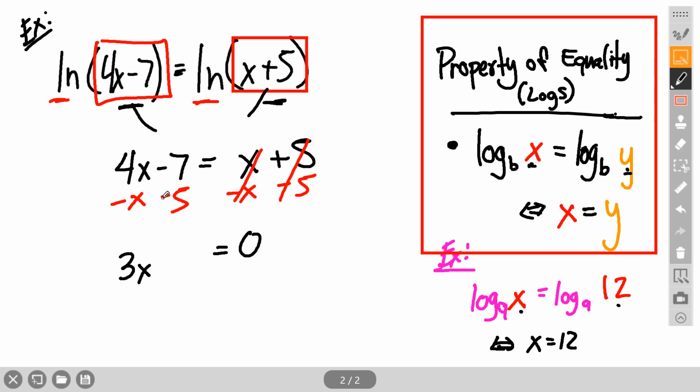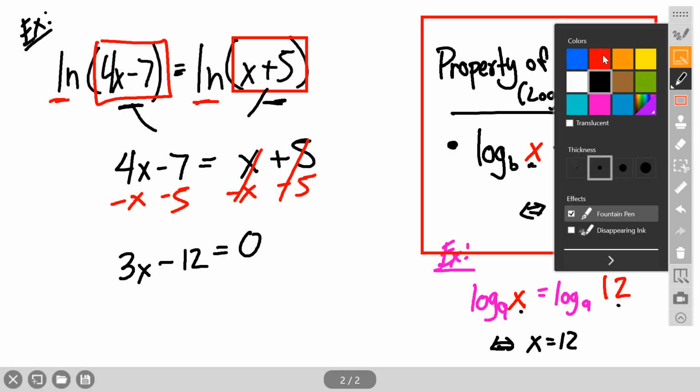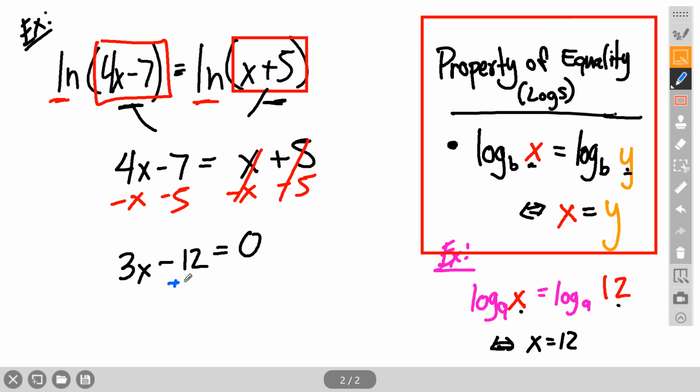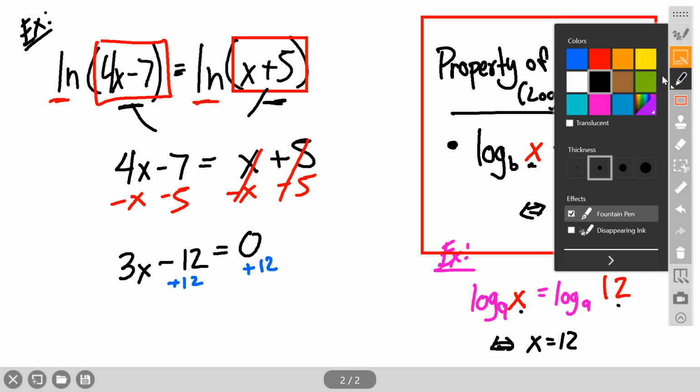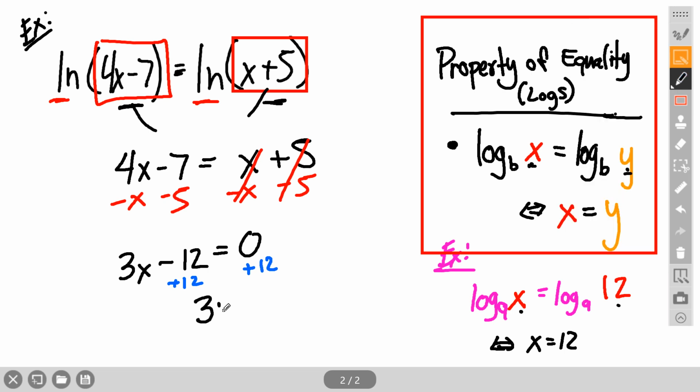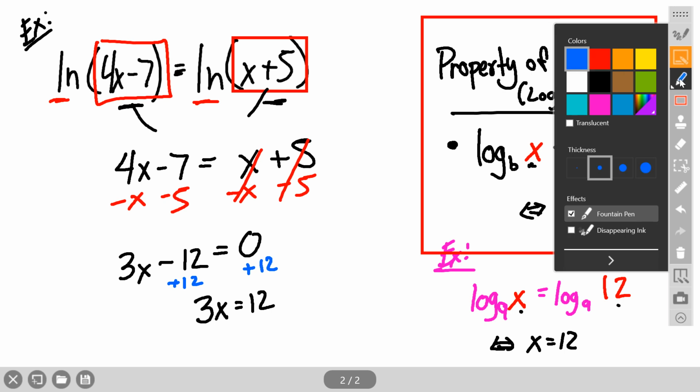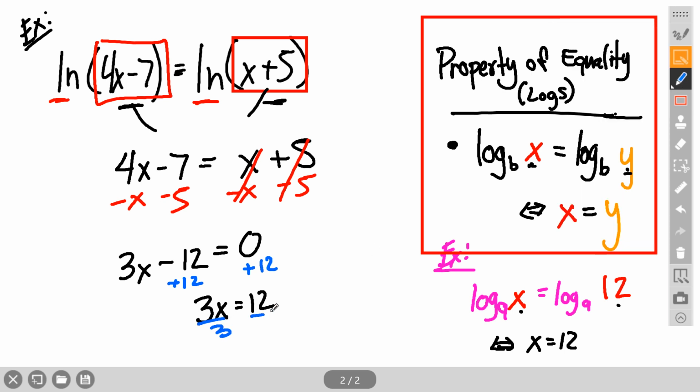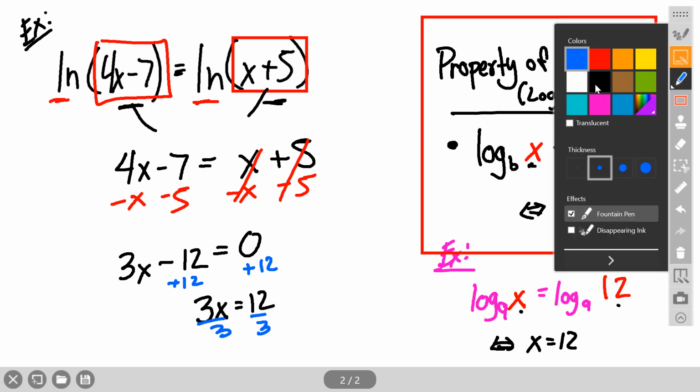I would have negative 7 minus 5, that's negative 12. And then all I would have to do is figure out what 3x minus 12 equals 0 is. Plus 12, yep, plus 12. Divide by 3. So you've got 3x is equal to 12. Divide by 3. You've got x is equal to 4.